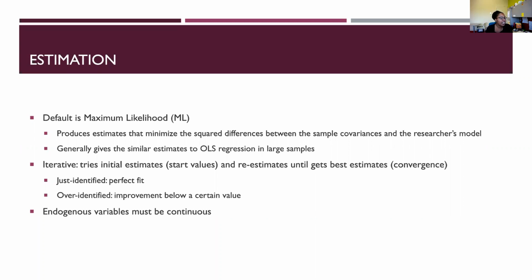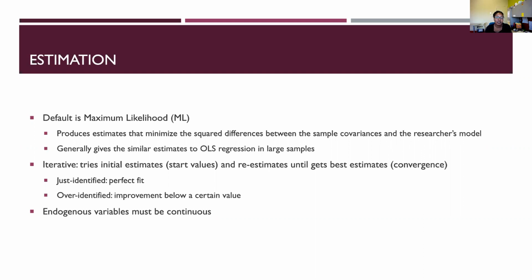So there are multiple techniques you can use to estimate a model, but the default is maximum likelihood, and that's what we're going to be using until we learn about a couple other ones later on in the class. So maximum likelihood is going to produce estimates that are minimizing the square difference between the sample covariances and the researcher's models. This might sound similar to ordinary least squares regression, right? Because you're minimizing squared errors. It's actually the case. Yes, you are.